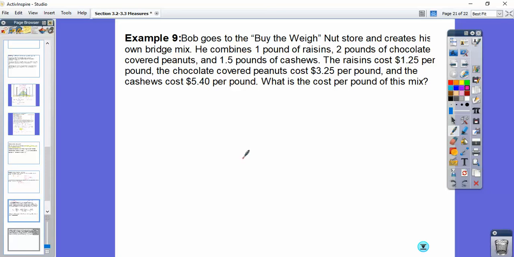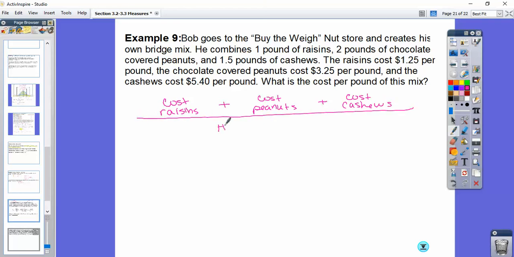So it's like the average. What we have to do is take the cost of the raisins plus the cost of the peanuts plus the cost of cashews and divide it by my total number of pounds.